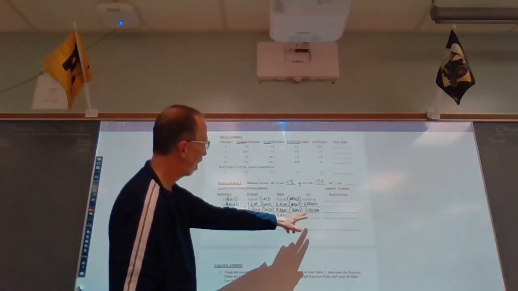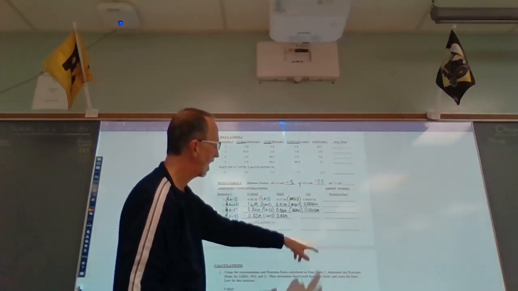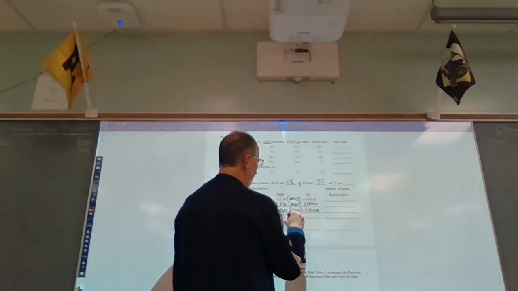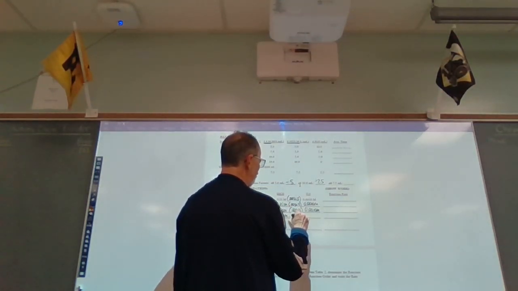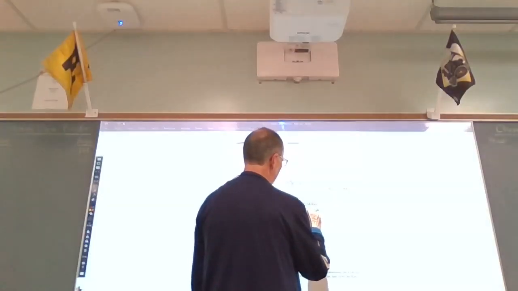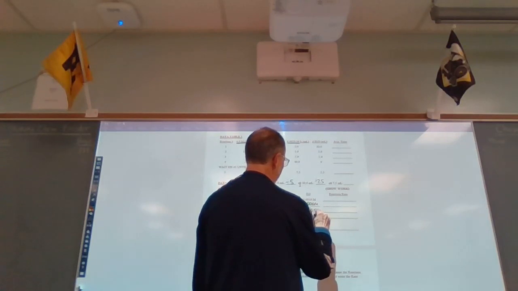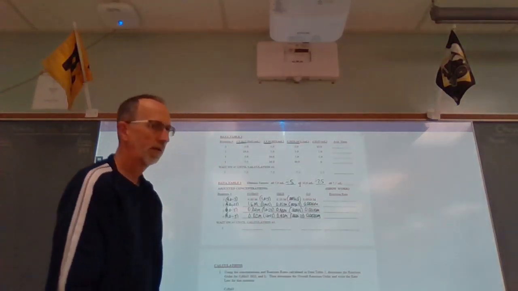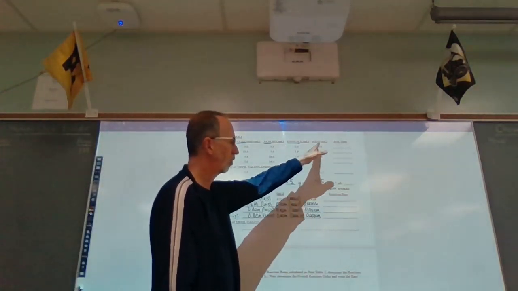And then we have 10 over here in the iodine. And so that original concentration of 0.50 molar divided by 2.5 gives us 0.0020 molar. Okay. Again, water, we don't really care.